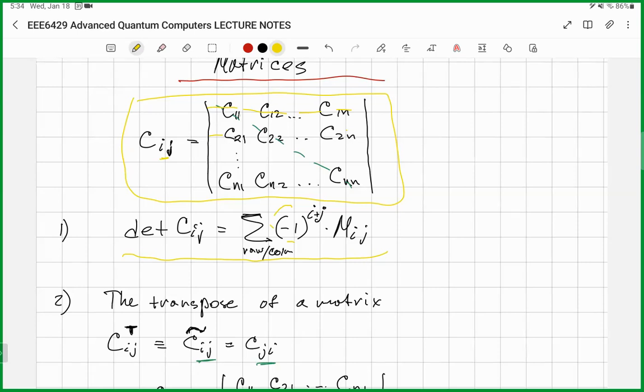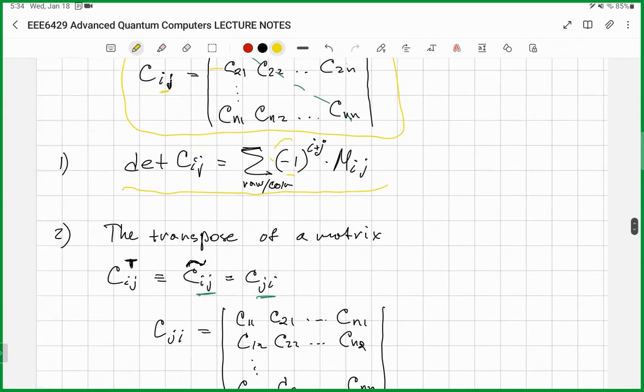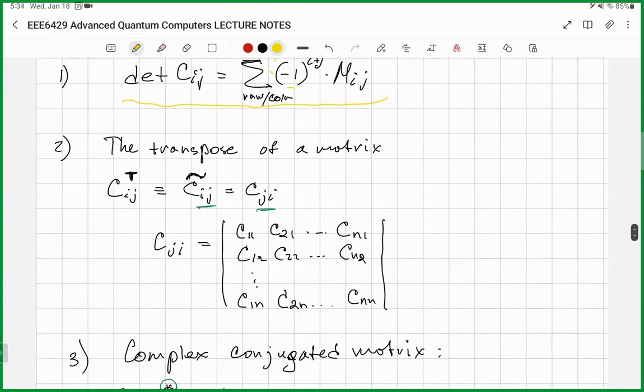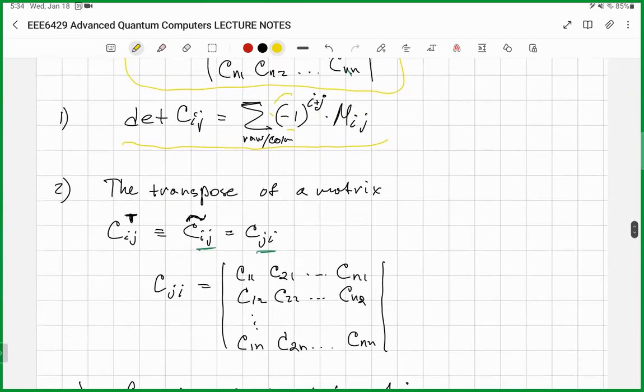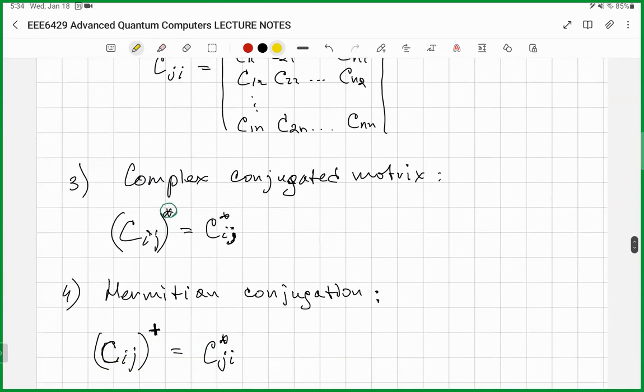The main axis is the axis with components C11, C22, C33, up to Cnn for a quadratic matrix. Very simple.